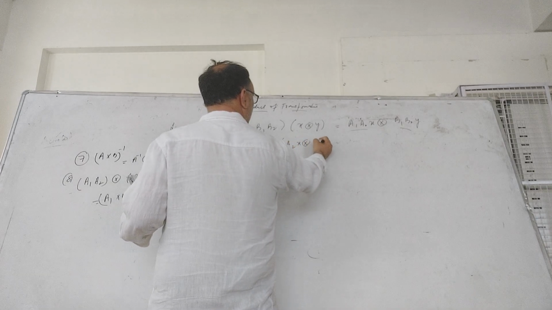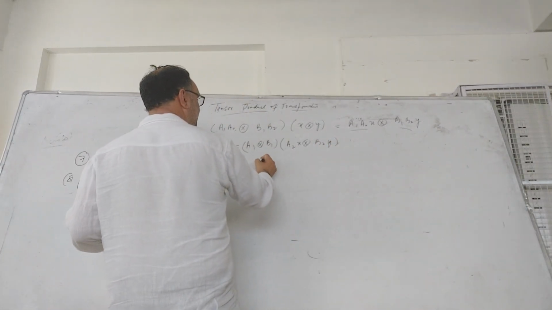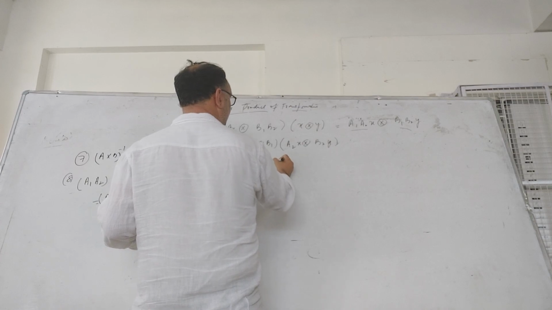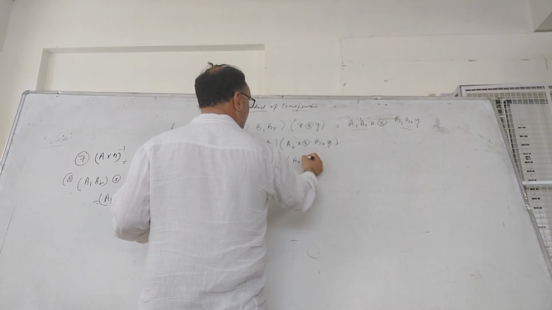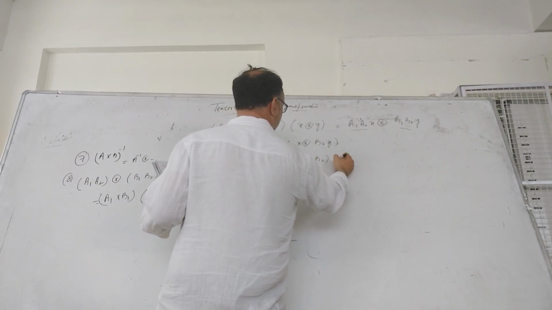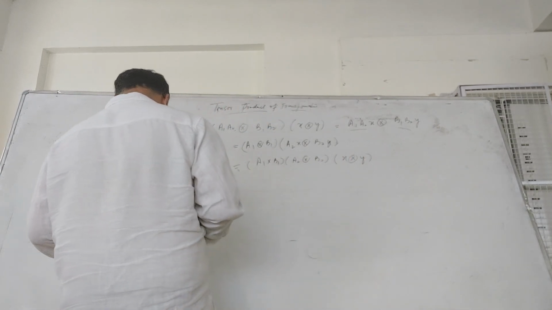A2X cross B2Y. Now again we are going to the final step. A1 cross B1, A2 cross B2 tensor product, and X cross Y. So this is the thing.